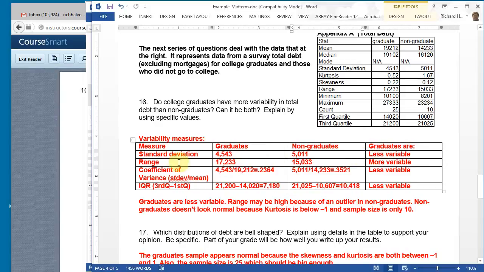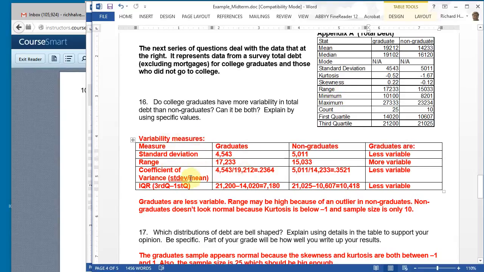Okay, what's next? Range. The range is 17,000 for graduates, and it's only 15,000 for non-graduates. So in this case, for the range, the non-graduates are less variable, or the graduates are more variable. Coefficient of variance is another way to look at variability.